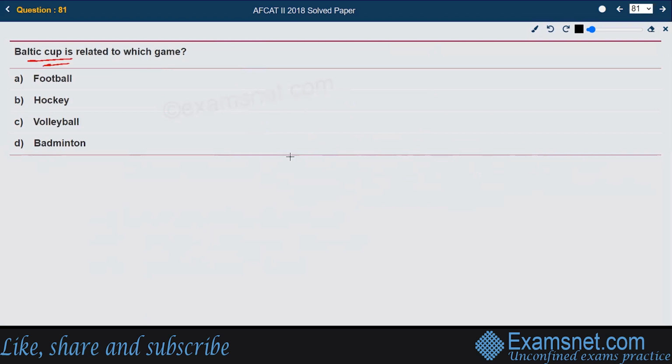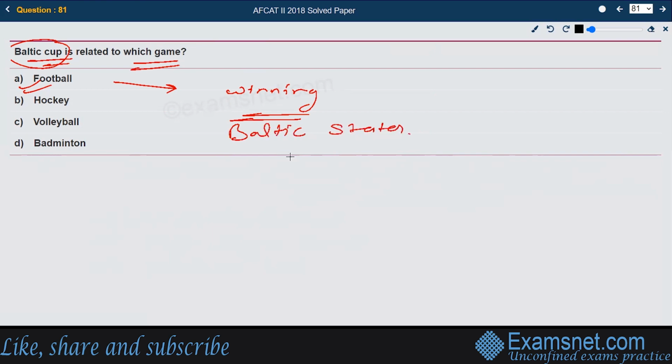Now the next is, Baltic Cup is related to which game? The right answer is football. It is the game of football in which this Baltic Cup is presented to the winning team. It is an international competition contested by national teams of the Baltic states: Estonia, Latvia, and Lithuania.